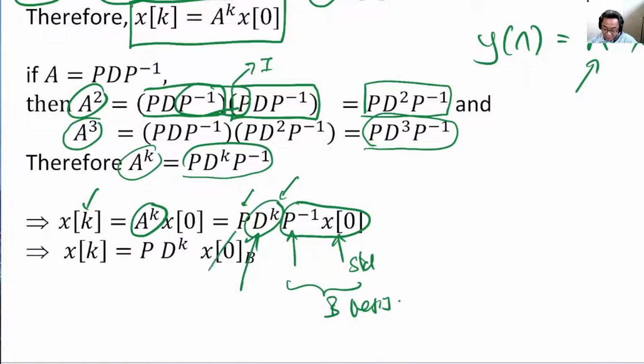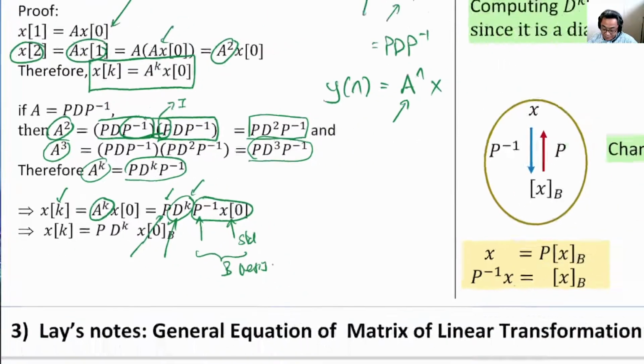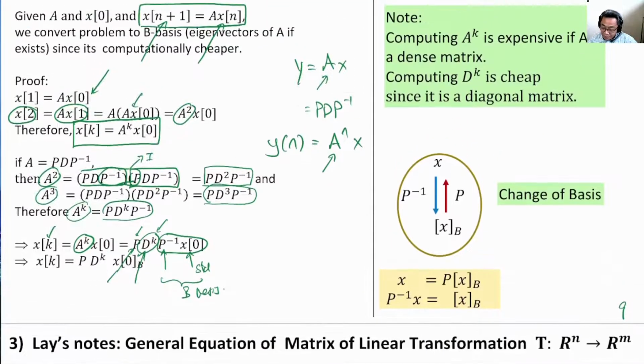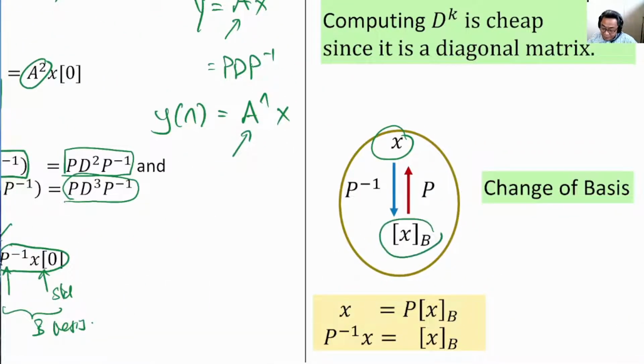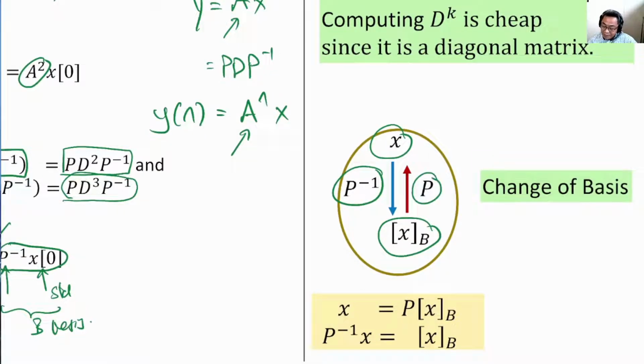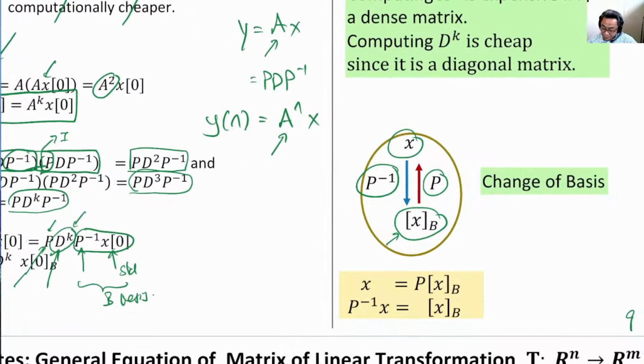And then finally, we are transforming back into the standard basis by pre-multiplying with P. If you observe this picture, from the standard basis to the B basis, we pre-multiply by P^-1. To convert the B basis into the standard basis, we pre-multiply x_B by P. Okay, so that's it.